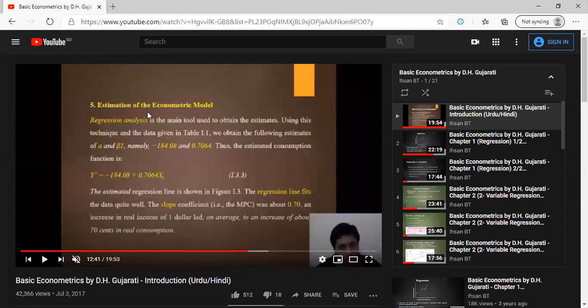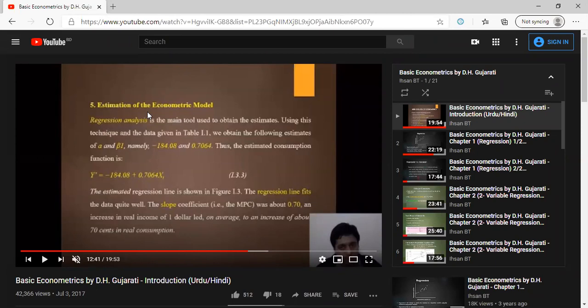What are you estimating? What are you trying to find? You are trying to find beta 1 and beta 2. But it's not possible to find what actual beta 1 and actual beta 2 are. But there are ways to find estimators of beta 1 and beta 2. Like there is no way to find mu, but there is an estimator of mu like x bar.